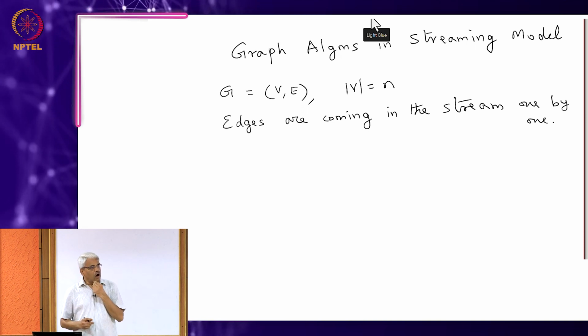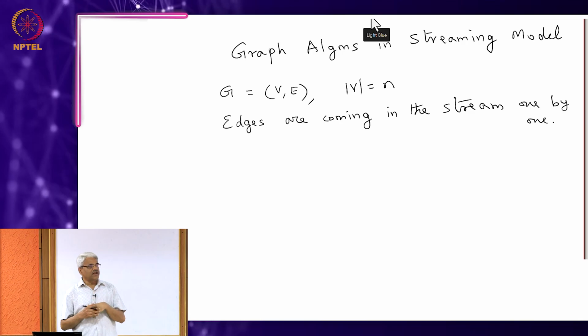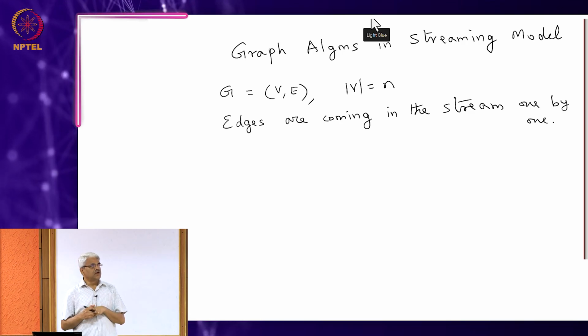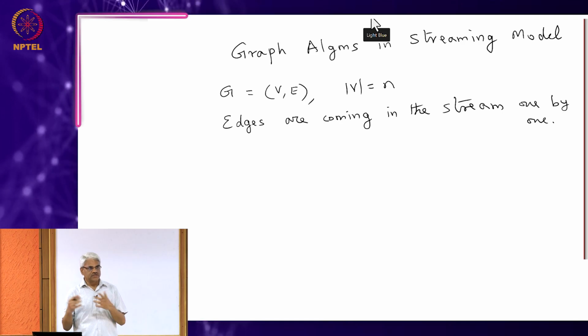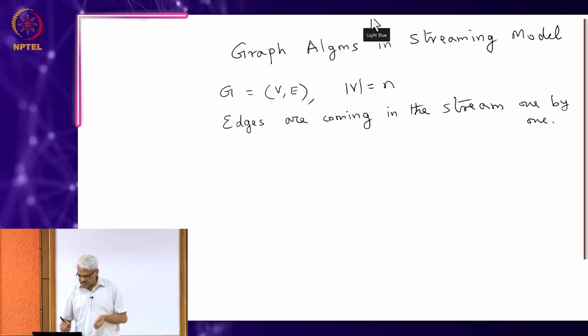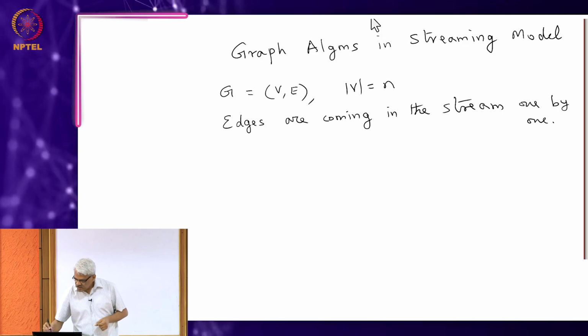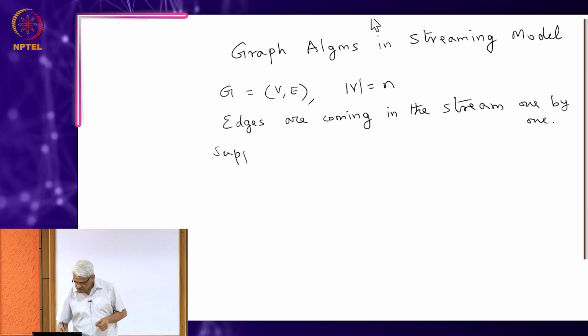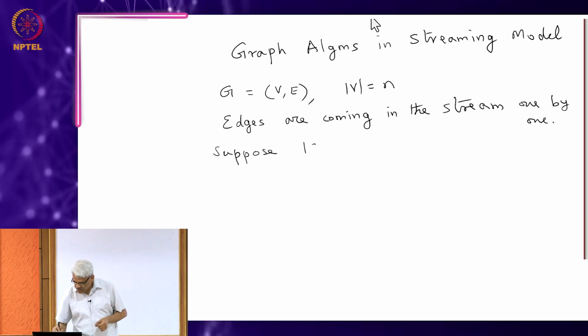Now, how do we represent a graph? Adjacency matrix or adjacency list, right? These are two standard ways to represent a graph. How much space does it take? Suppose the number of edges is m.